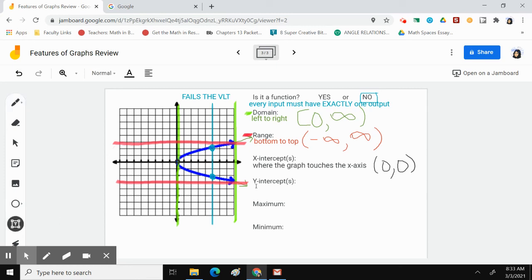My y-intercept, where the graph touches the y-axis, is going to be the same point actually, right? Because it touched my x-axis here. This graph touches my y-axis here. So it's also the point 0, 0.